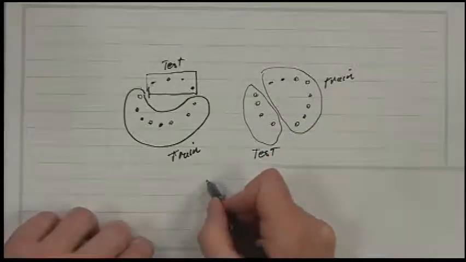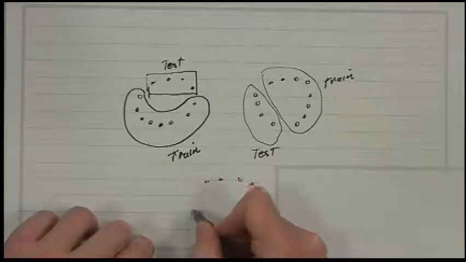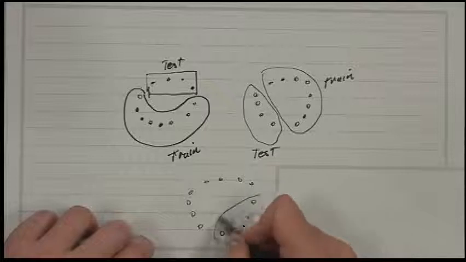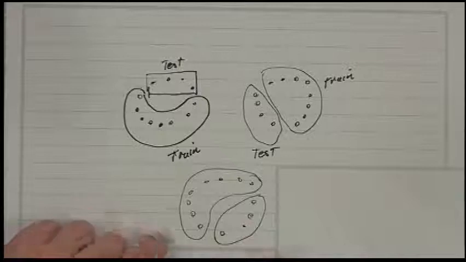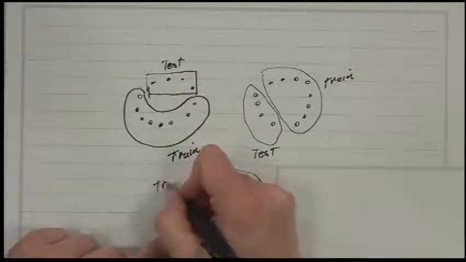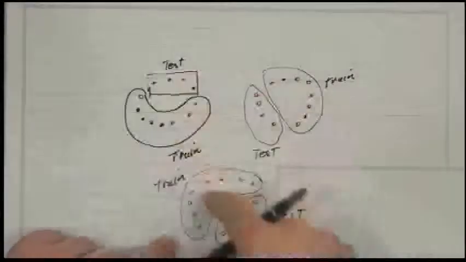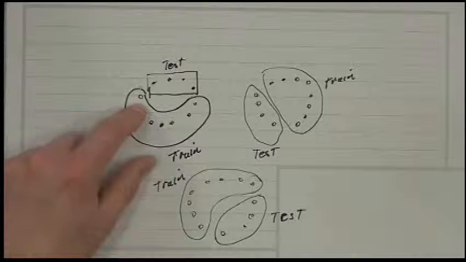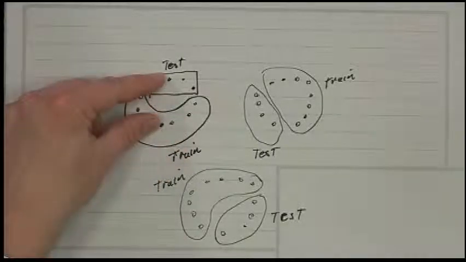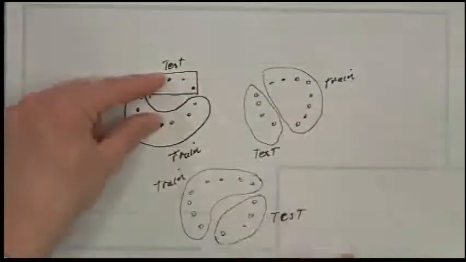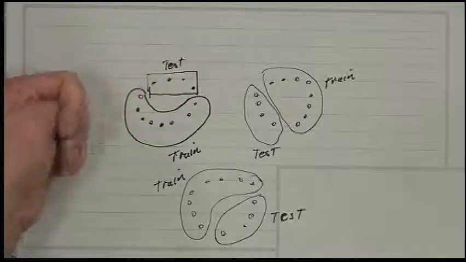So I can do three different partitionings. Each one I can train on here and test on that, estimate what the variance of my estimator is, and then average the variances across the 3, and I'll get a better estimate of how accurate the method is.